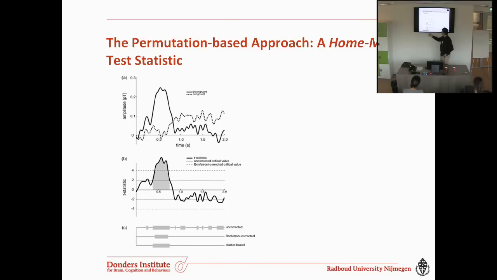This one is very big, and I calculate the area under the t-curve here. I take the maximum area under the t-curve, and that's going to be my final test statistic. I like it because it takes into account that any genuine evidence against a null hypothesis should be contiguous over time. The same holds for space and frequency.